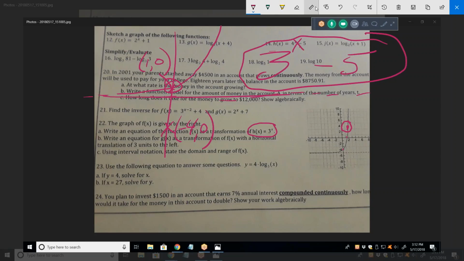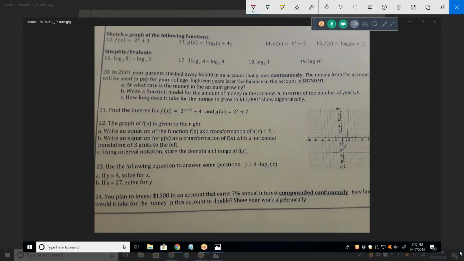All right, so we got 3^x minus 5 is that curve. That's y equals 3 to the x minus 5. So that answers A.